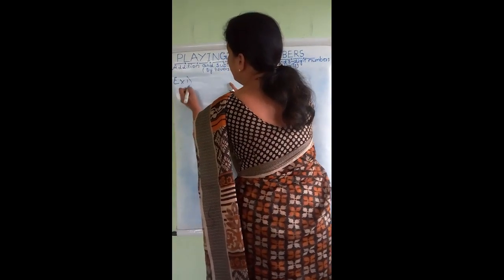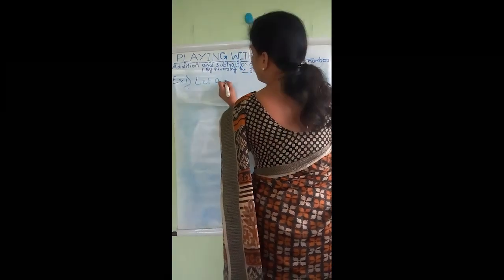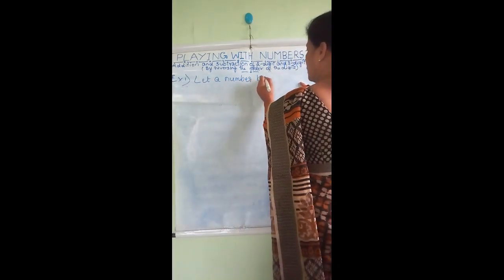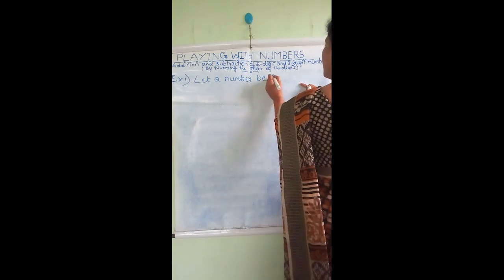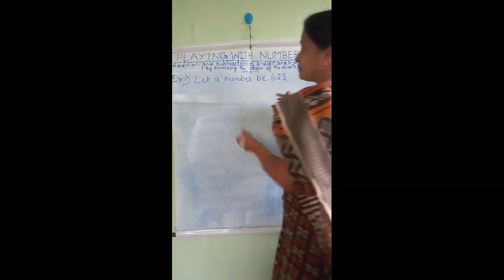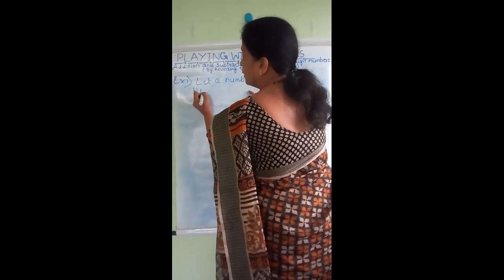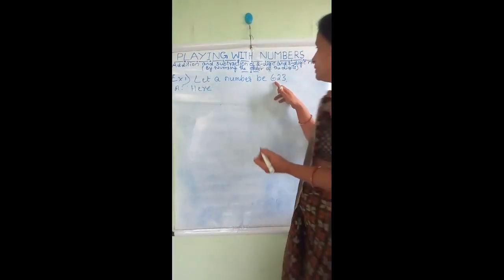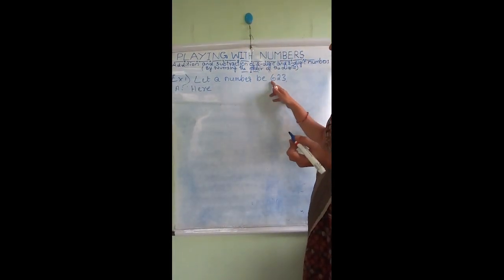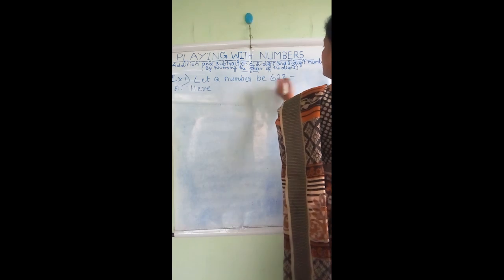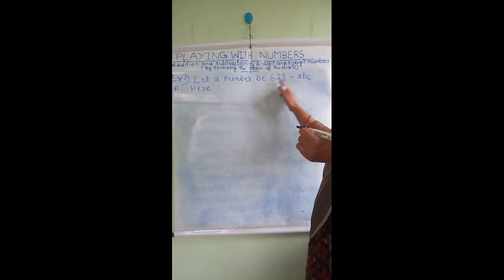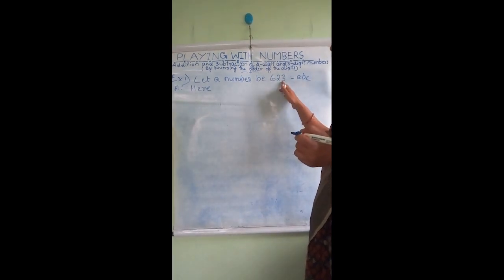Example 1. Let a number be 623. Here, see, 6 is in the hundreds place, which means if this number is ABC, then A is equal to 6, B is equal to 2, C is equal to 3 according to the general rule, isn't it?